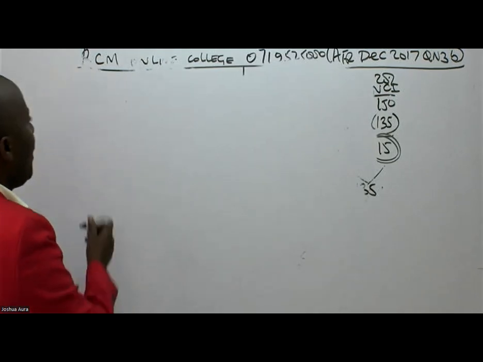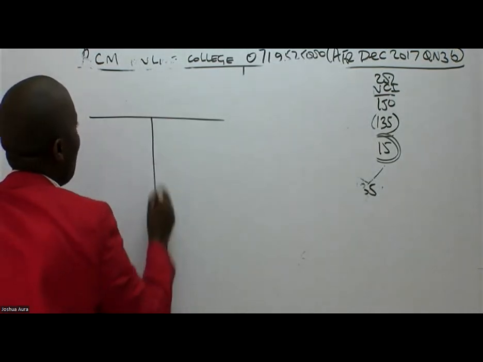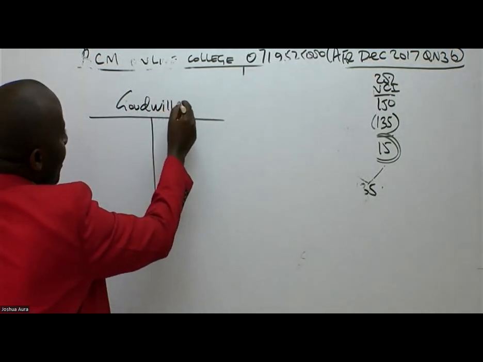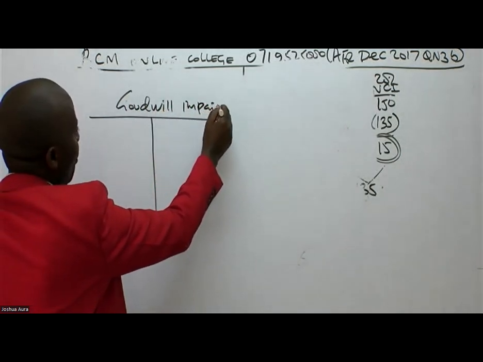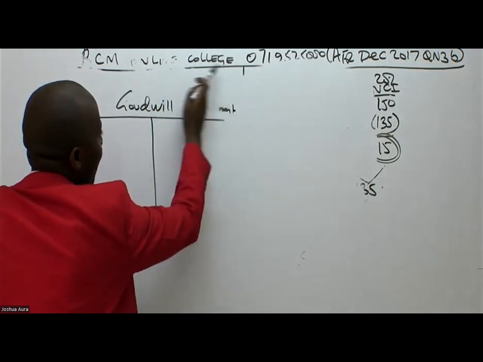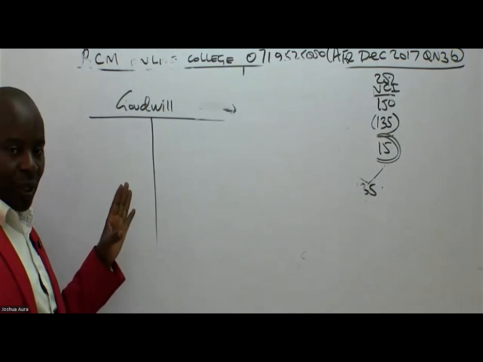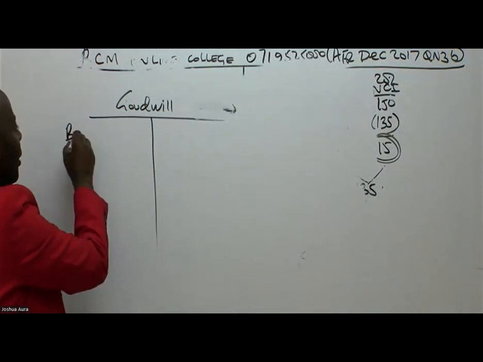So goodwill impaired, if you wish, you can put it in the form of a T account. We have goodwill impairment. Look at it, goodwill as an asset first, right? So balance brought down is an asset.